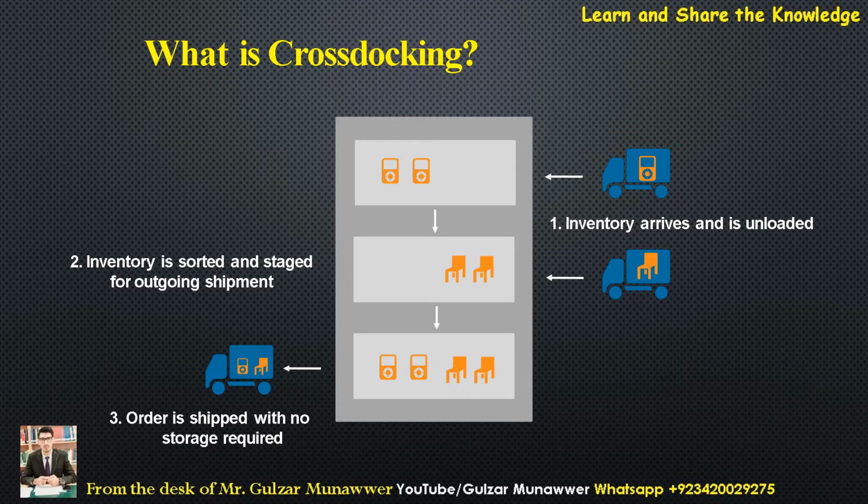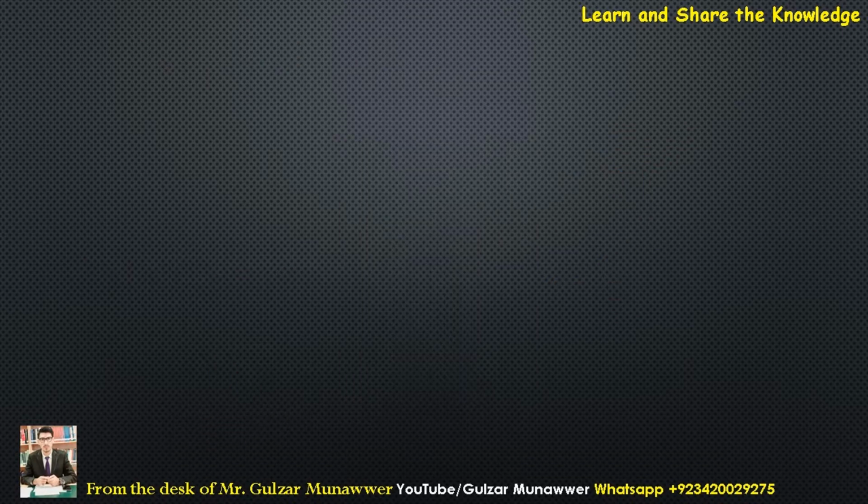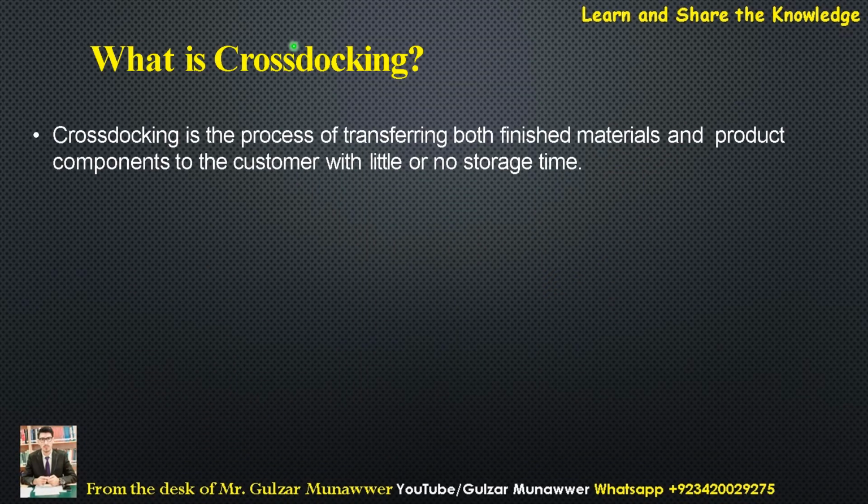So we're going to read the definition of cross-docking. Cross-docking is the process of transferring both finished material and product components to the customer with little or no storage time. Here you can see on the screen what we locally call a warehouse. It is basically the cross-docking terminal.